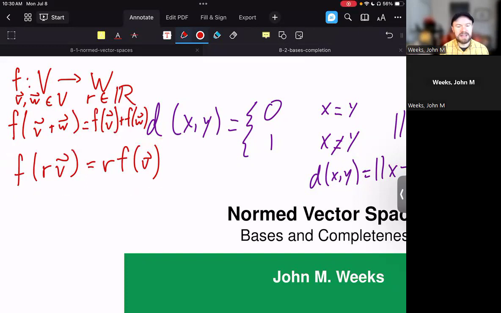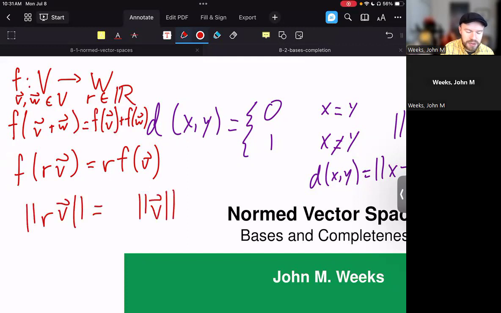To some extent, it's some sort of homogeneity in that if I want to be taking the norm of r times a vector, then I can take the norm of the vector and multiply it times the absolute value of that scalar r that I'm multiplying the vector by. So I almost get this notion of scalar here, at least in the secondary component.